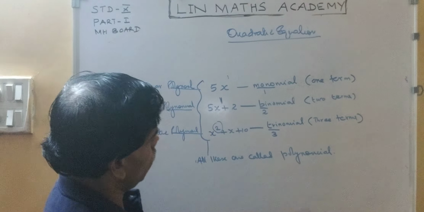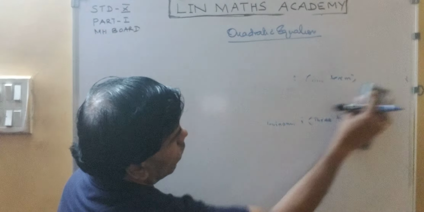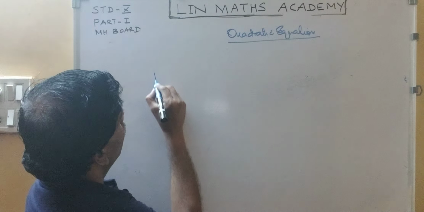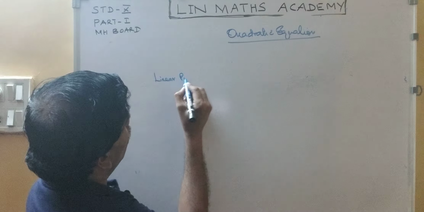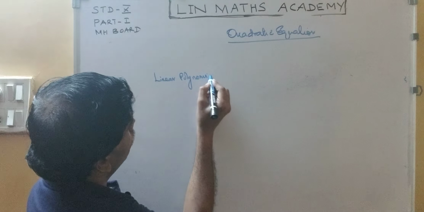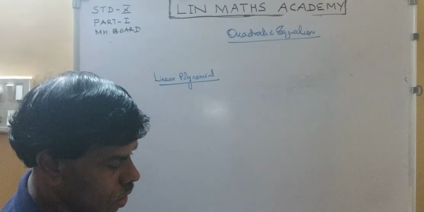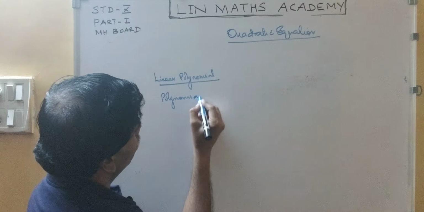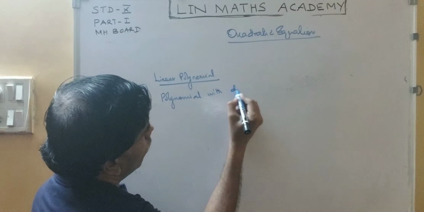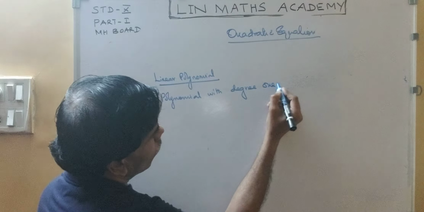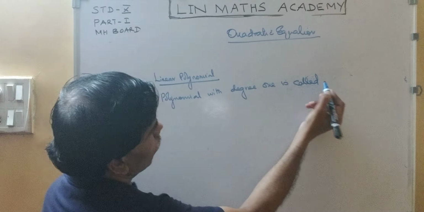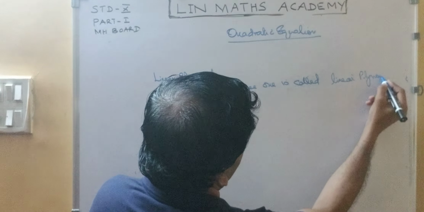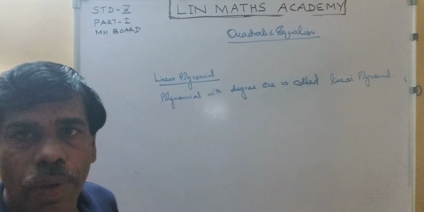So what is a quadratic polynomial? See, a linear polynomial means what? A polynomial with degree 1 is called a linear polynomial. Okay.